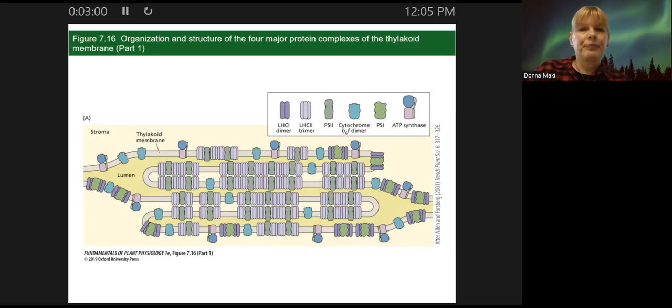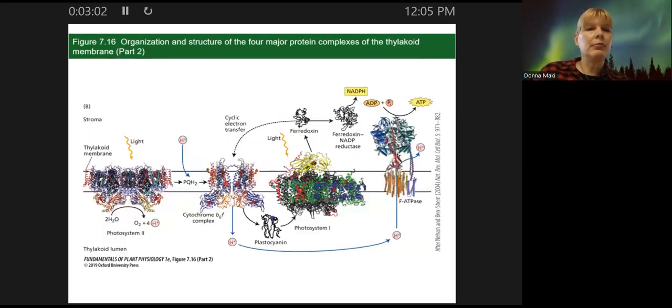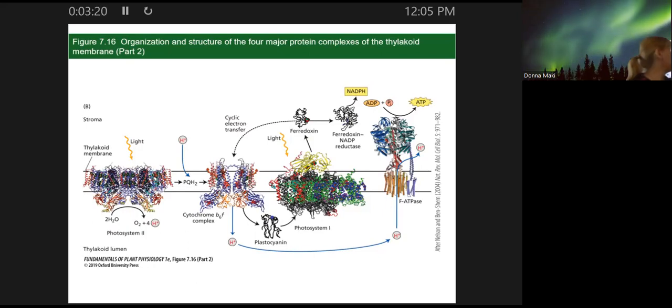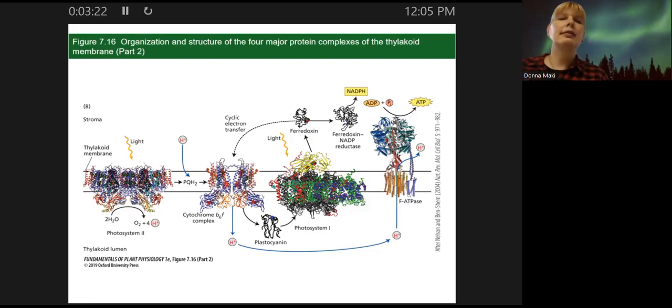Okay. For those of you who have taken any kind of cell and molecular, that might look vaguely familiar, looking at the protein shapes and configuration. Again, this is the thylakoid membrane that you're looking at, and then photosystem 2, photosystem 1, and then the cytochrome B6F and the ATP synthase.